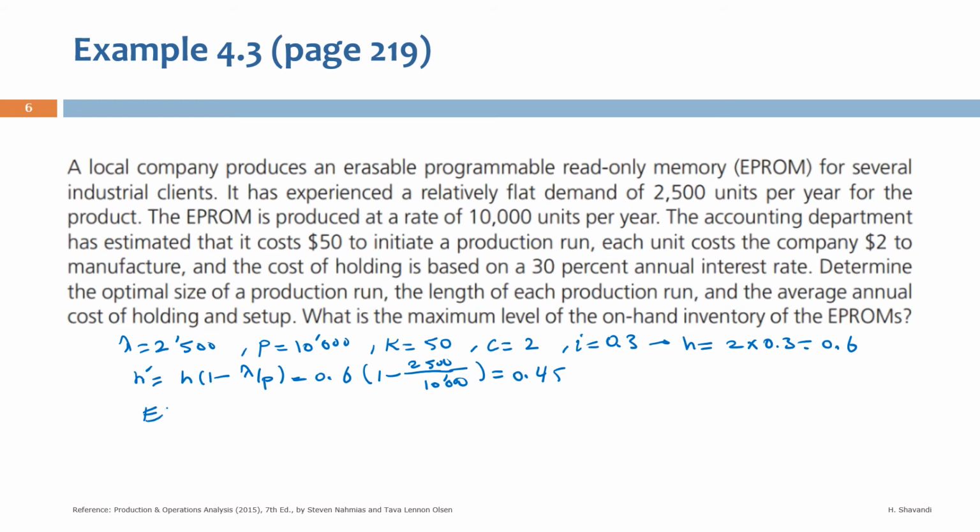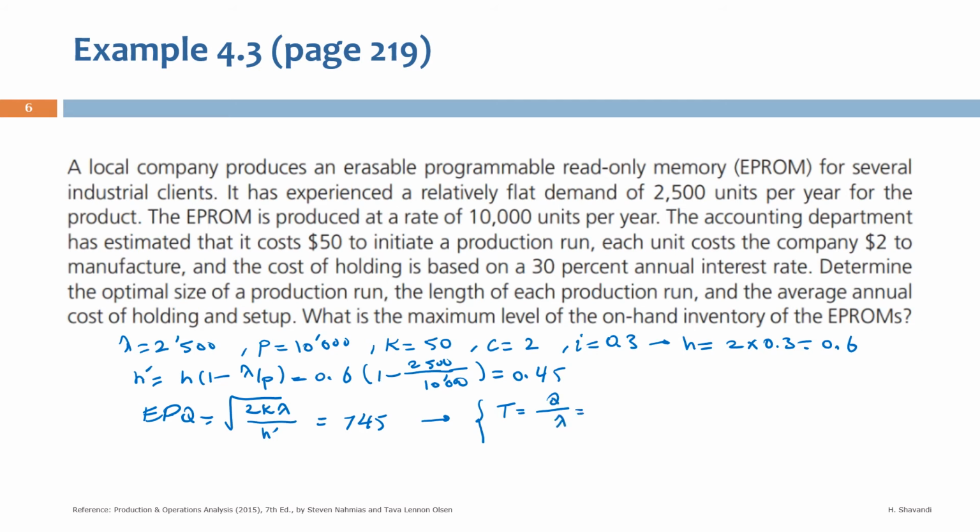So the EPQ will be the square root of 2K lambda over H prime, right? So it will be 745 units. Okay, so by having this quantity for production, we will have these quantities. The cycle time here will be T equals Q over lambda.